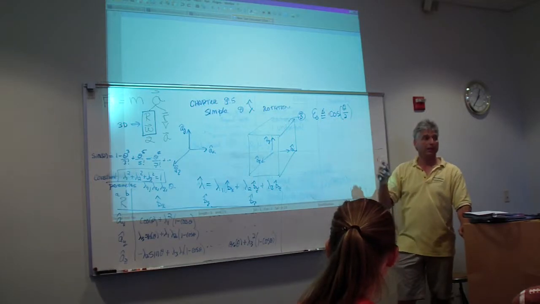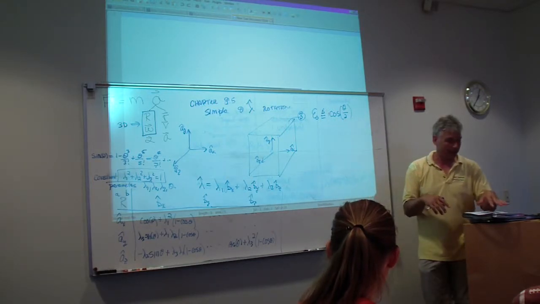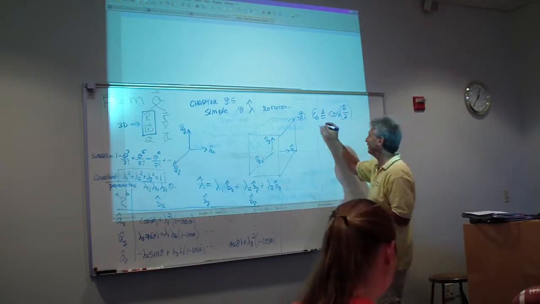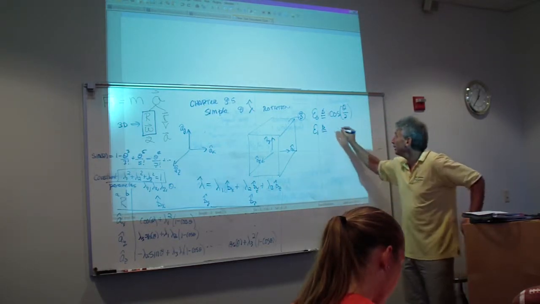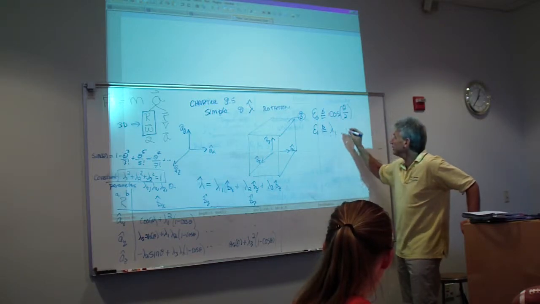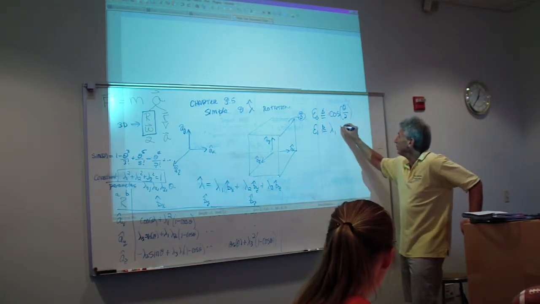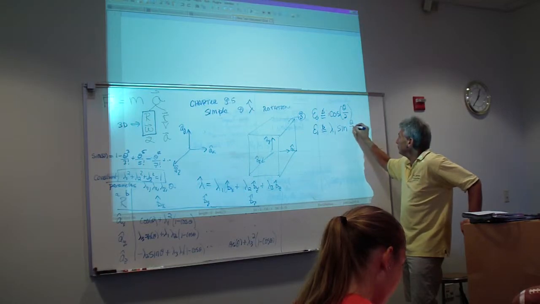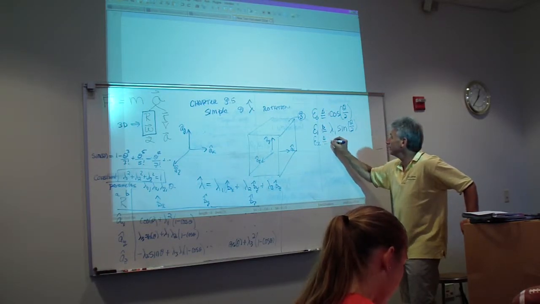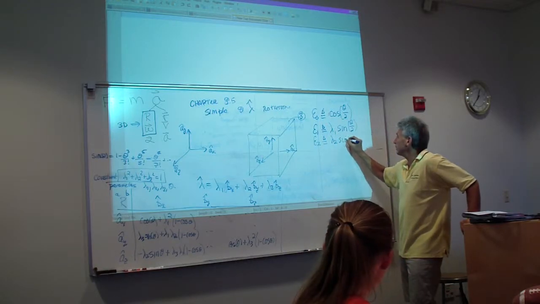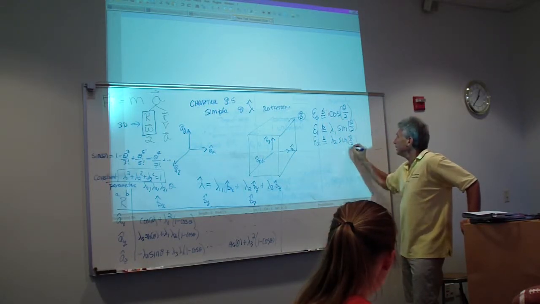So the first thing he said, I'm very clever. I know all the half-angle formulas. All this is in the book, but it's not obvious. But once you see it, you go, wow, that wasn't so bad. So this is E1. He just said take lambda 1 and then multiply by sine of theta over 2. And same thing for E2, I just have lambda 2 times sine of theta over 2, and E3.